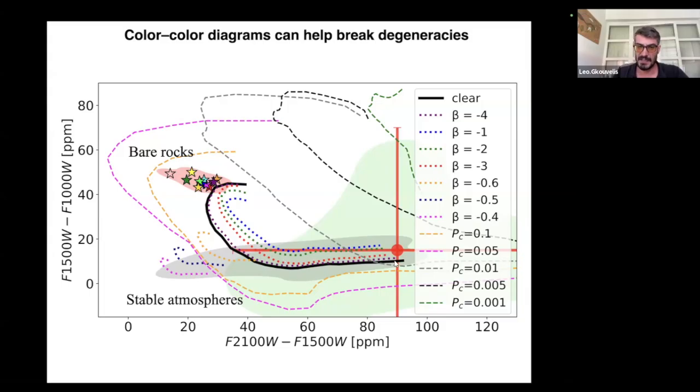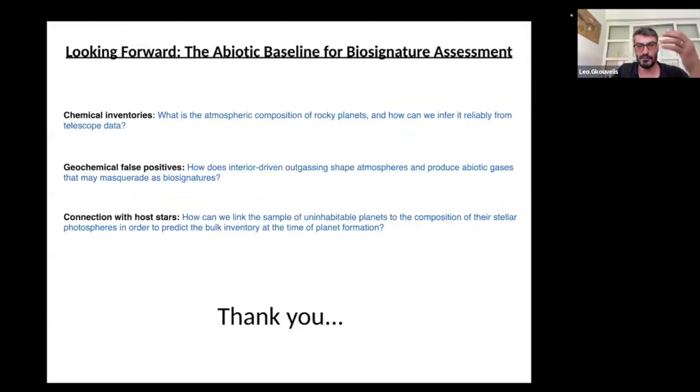This is a case study, of course, for this specific planet. We haven't tested this for brighter planets to see if you can distinguish for all of this space here. But I would say that this is one, if not the only, one of the few methods to actually solve this degeneracy.